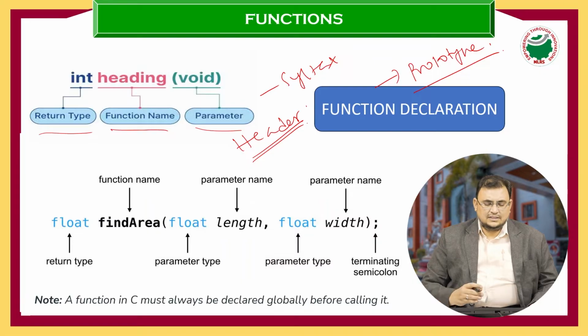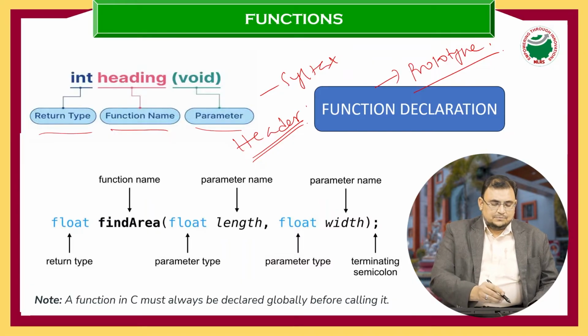So you are giving information to the compiler. Likewise, whenever you are using a function, you must declare the function first, and you need to tell what kind of value you are going to return, and what kind of parameters you are going to pass. All this information is required by the compiler. So the declaration or prototype gives this information to the compiler.